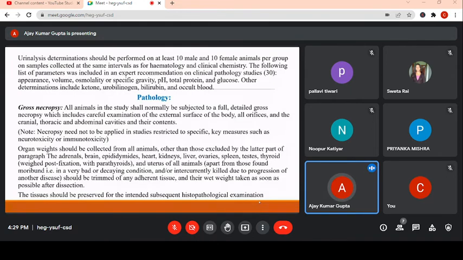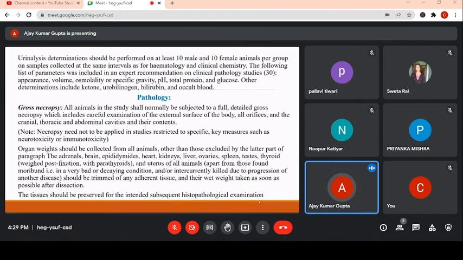And now let us see about the pathology. So gross necropsy is a very important part of the pathology. All animals in the study shall normally be subjected to a full detailed gross necropsy. This term may confuse you between autopsy and necropsy.